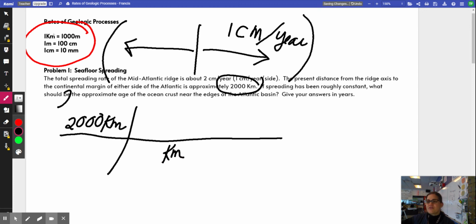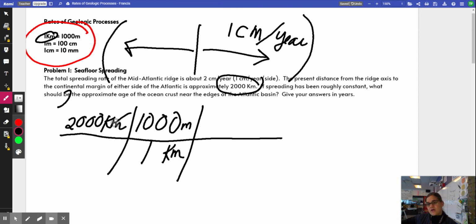And my conversion factor here says 1 kilometer is equal to 1,000 meters. Now, a meter is smaller than a kilometer. That's why there are so many in a kilometer. So I'm getting closer to a centimeter. I can now cross off kilometers and kilometers, and I now know how many meters there are.